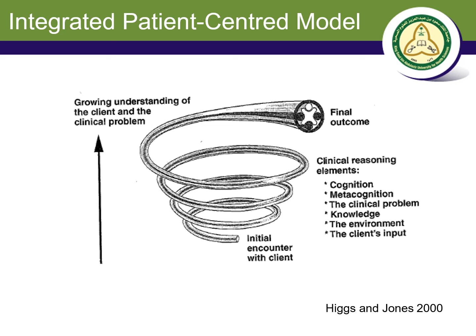Okay, the first time when the client comes to you, and then the clinical reasoning elements will be based on cognition, metacognition, the clinical problem, the symptoms which he is showing, knowledge which you can apply, the environment, feedback, and the client's input. Okay, so all together, a growing understanding of the client and the clinical problem will help you to come up with the final outcome.